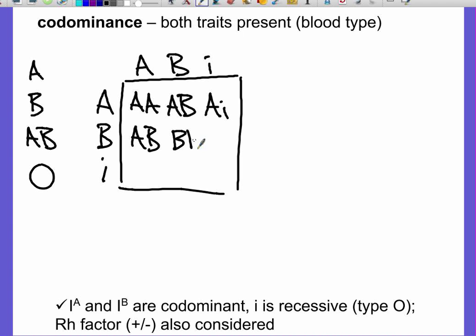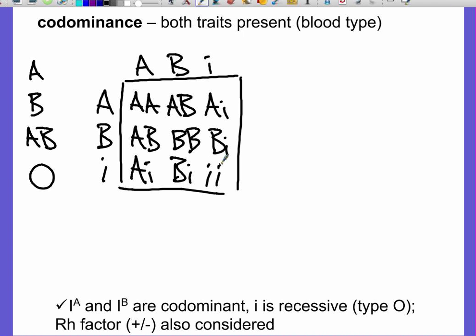If you're homozygous for B, that makes you type B. BI would be type B. AI again is type A. BI again is type B. The only way that you can be type O is if you have 2 recessive alleles for that blood type O. That lowercase I is going to represent that O trait.